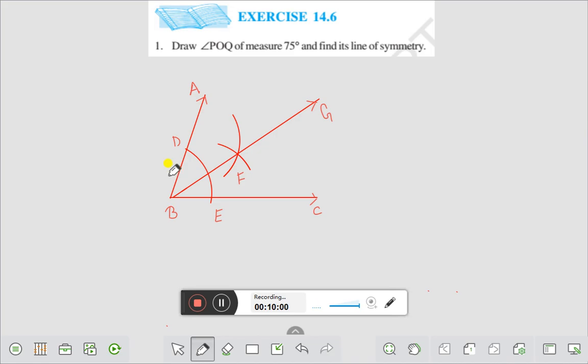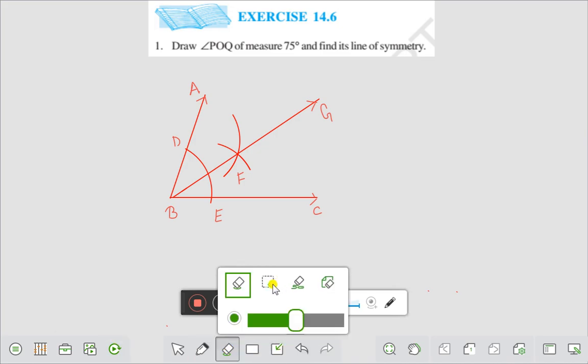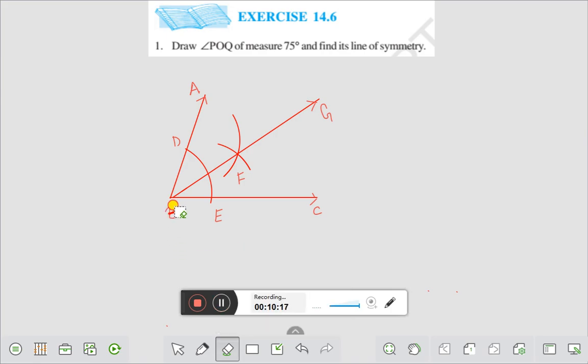You see angle ABC, but we have to write the angle as POQ. Okay, then we will write it as POQ, right? Let us rub this one. This is angle POQ.